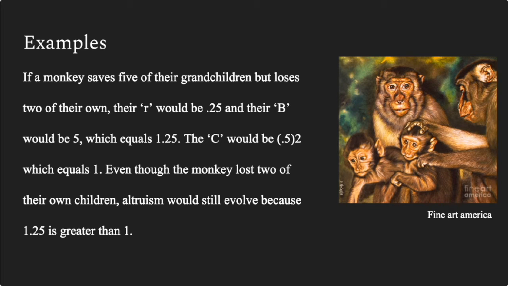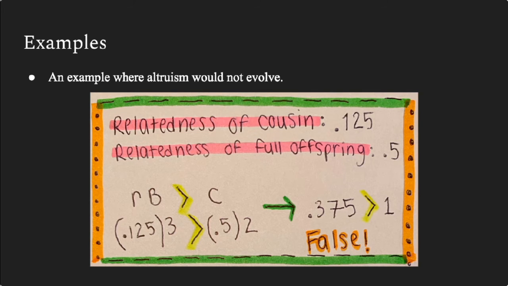Let us try another example, but this time altruism would not evolve. Let us look at the formula to understand this problem. If an animal saves 3 of their cousins but loses 2 of their own children, their R would be 0.125, because that is the relatedness of their cousins.